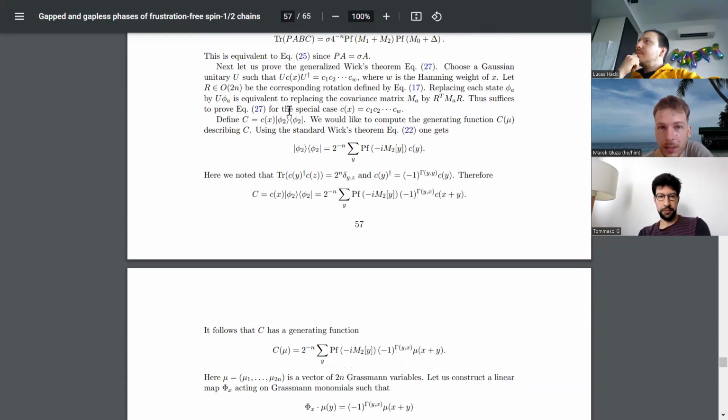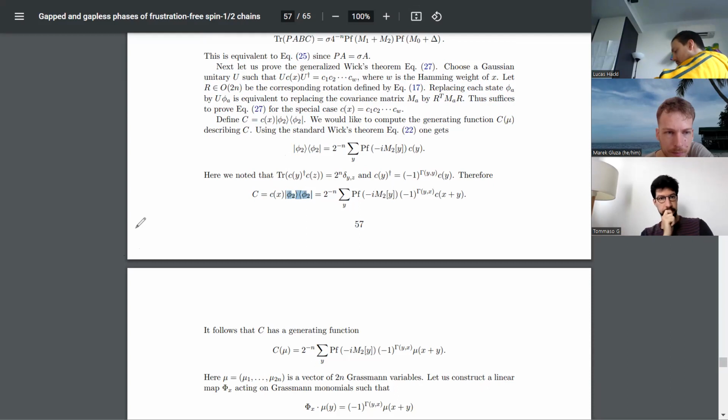Just one thing that will happen to prove the generalized Wick's theorem: here's some discussion, but this is the crucial bit. You construct a new operator where you apply this Majorana operator to phi2. And once you have this, you express this as Majorana operators multiplied with Cx. The expansion of this in terms of Majorana operators is basically going backwards.